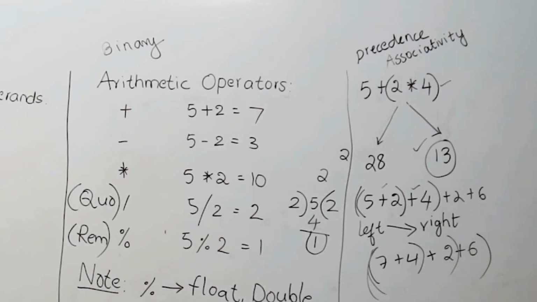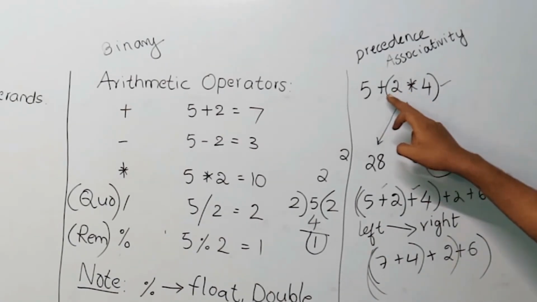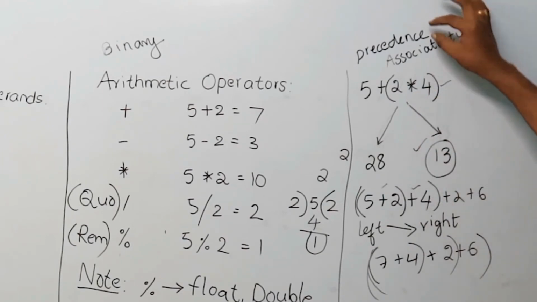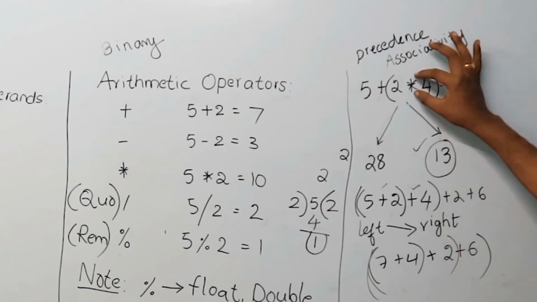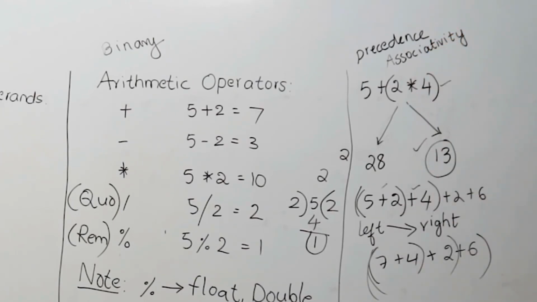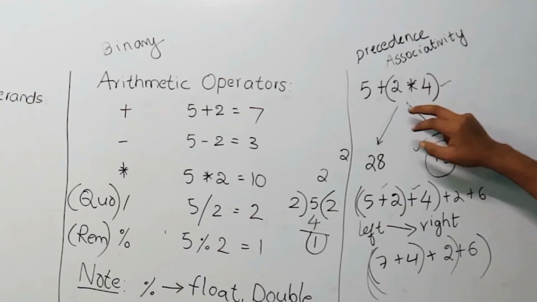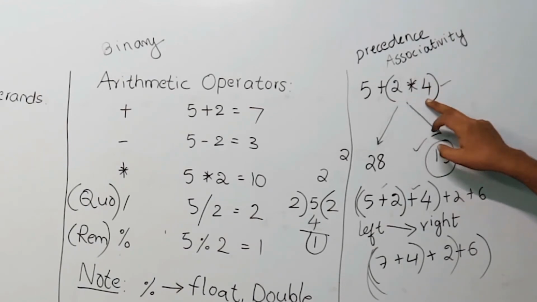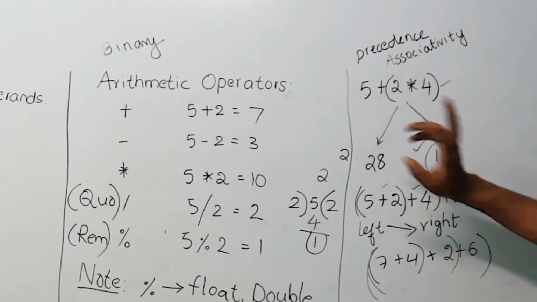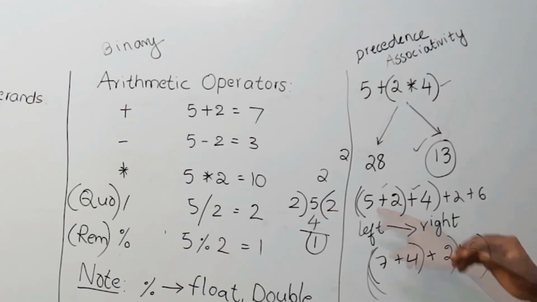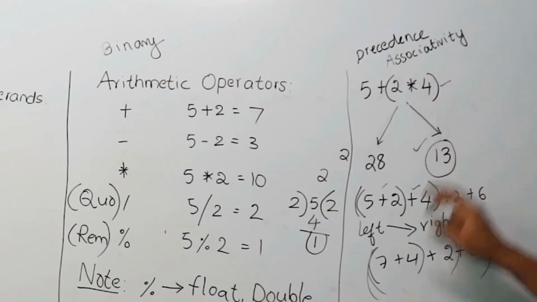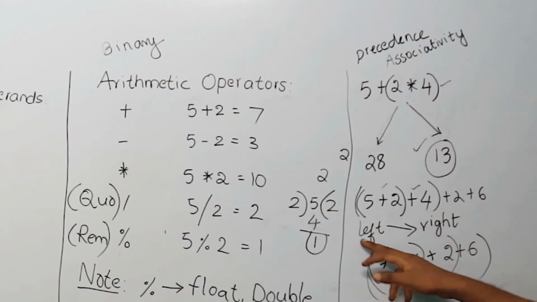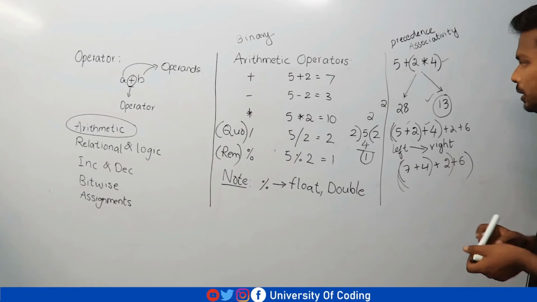So here you need to understand that when you have different operators, the precedence table helps you choose the operator with the highest precedence value. After choosing that, you perform that operation first, and then the rest of the operators. When you have the same operators, associativity helps you. For plus, associativity is from left to right.